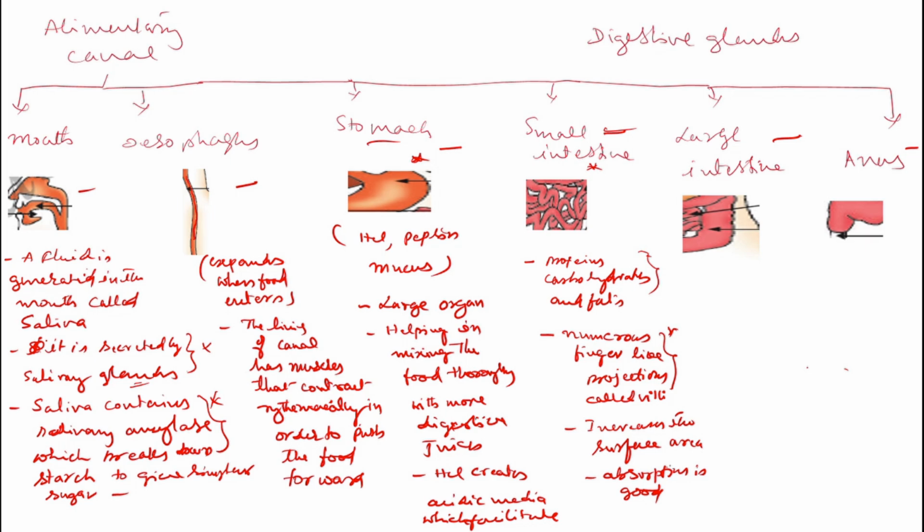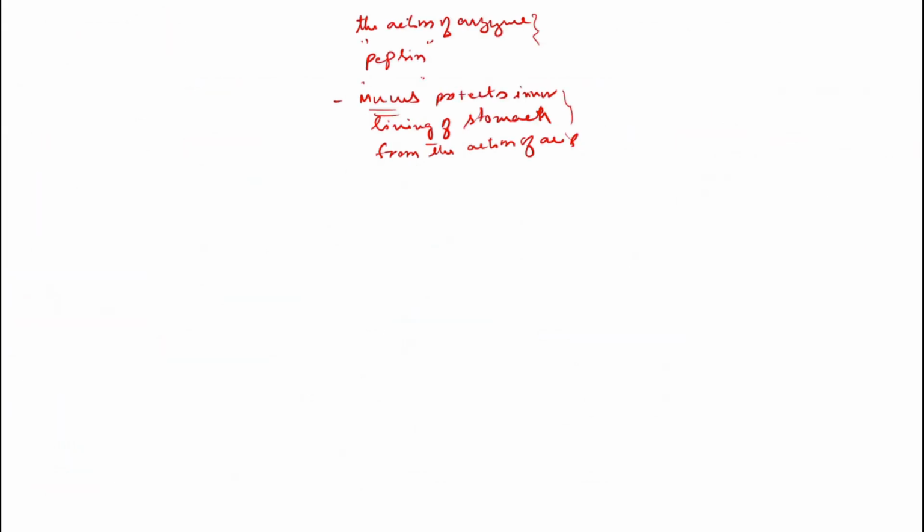So next, fats coming from the stomach are large globules. So these globules are broken down into smaller globules, increasing the efficiency of enzyme action.